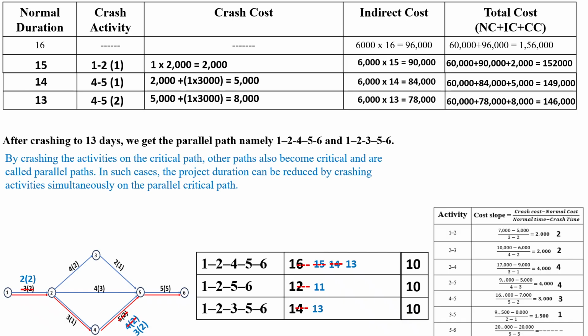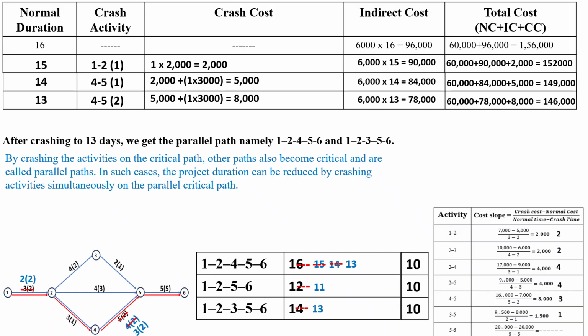So by crashing the activities on the critical path, other paths also become critical and are called parallel paths. In such cases, the project duration can be reduced by crashing activities simultaneously on the parallel critical paths.